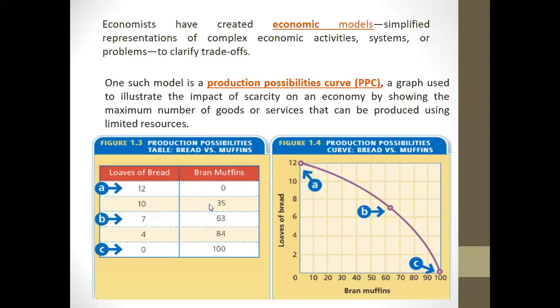Now you have to represent all this information in this graphic and you're going to get something like this. Over here it says 7 loaves of bread, around here, in the middle between 8 and 6. And the muffin would be 63, something around here, 65 is in the middle.